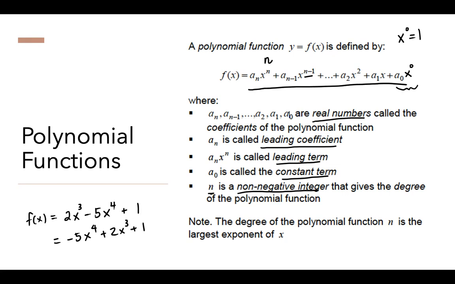As you can see, the leading term is negative 5x^4, the leading coefficient is negative 5, and the constant term is 1, the one without a variable.